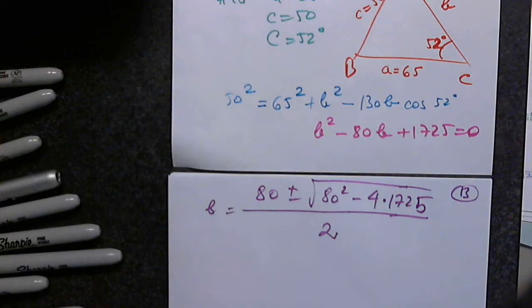So parentheses around the top, 80 plus the square root of 80 squared minus 4 multiplied by 1725. Close the parenthesis, get outside of the square root, close the parenthesis, and then divide by 2.